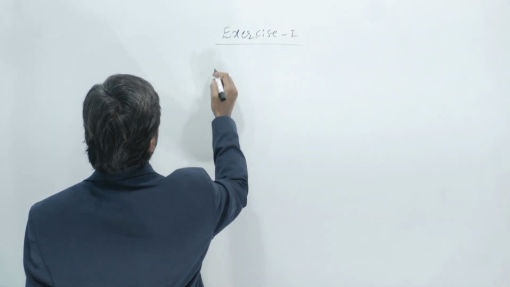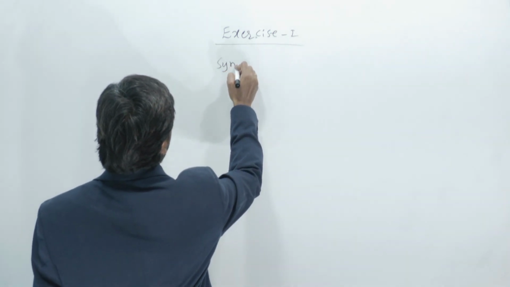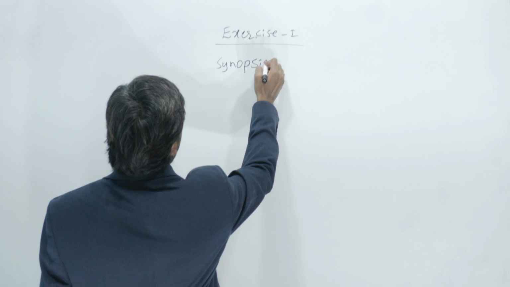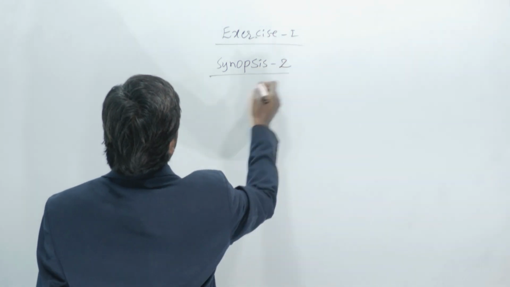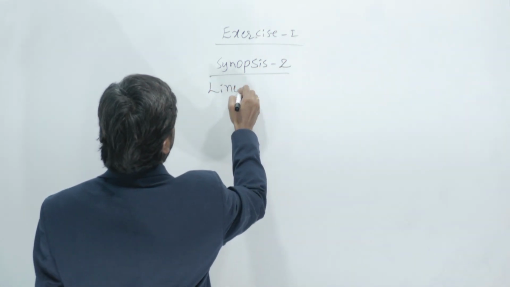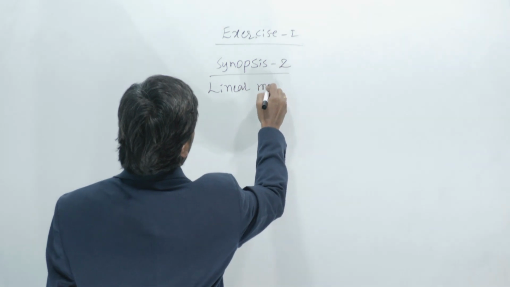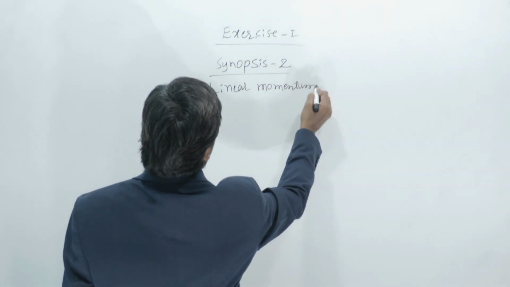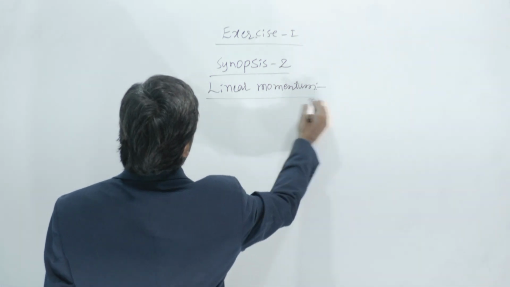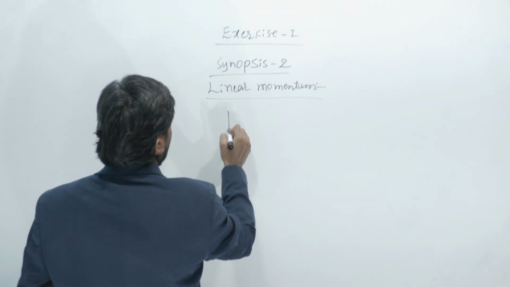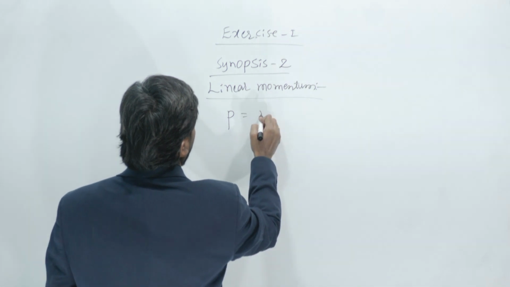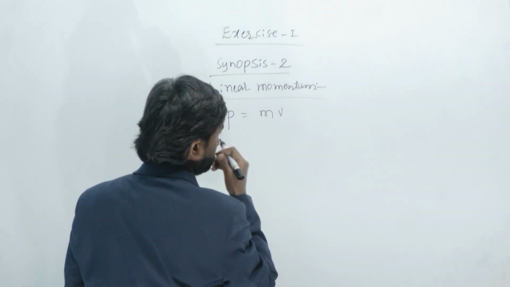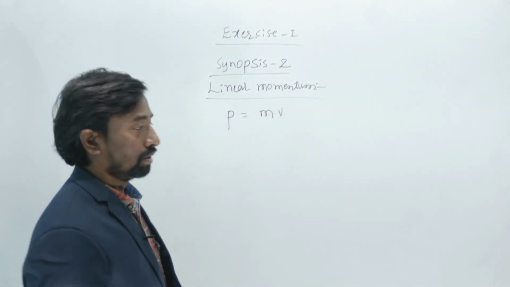It is denoted by the letter P, and it is the product of mass and velocity of an object.